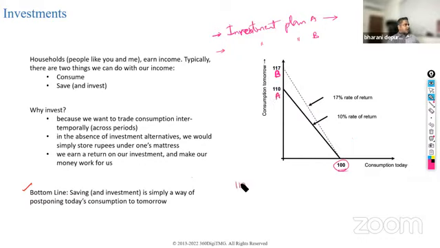So if you invest $100, after 1 year you get $110. This is plan A. In plan B, I get $117. It really depends on another factor called risk.